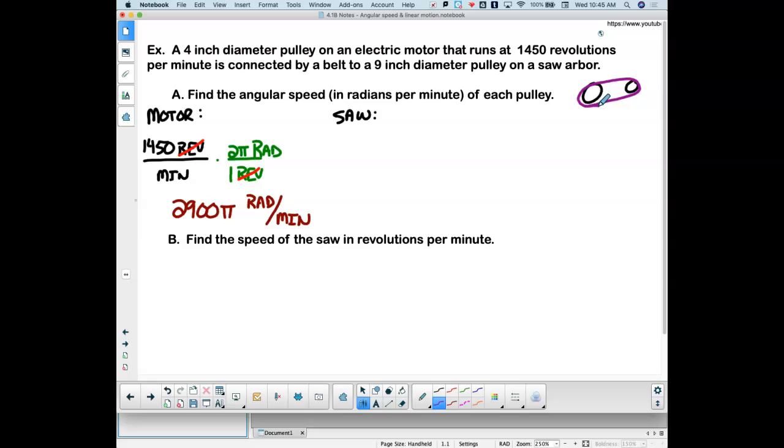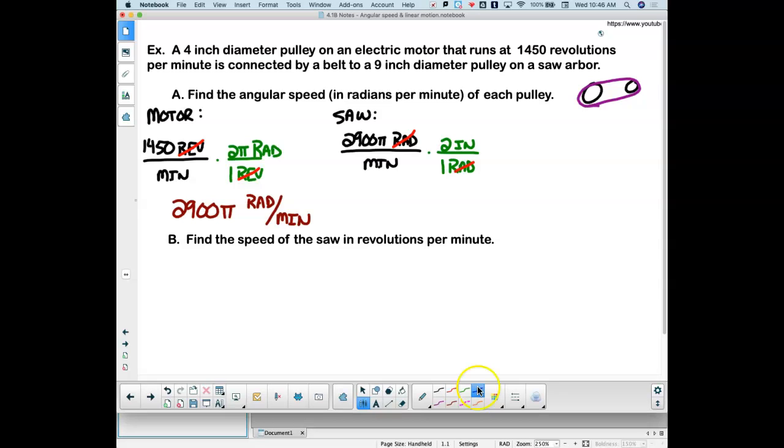So I can take the motor spinning at 2900 pi radians per minute, and that motor has a 4-inch diameter pulley on it, which means that 1 radian on that motor is 2 inches. So now I'm in inches per minute of the motor. That's the inches per minute of the saw.